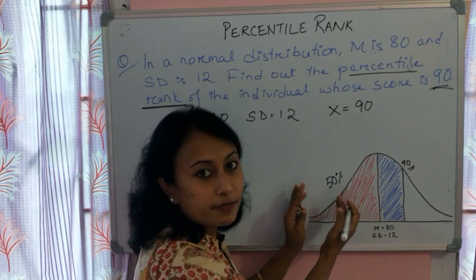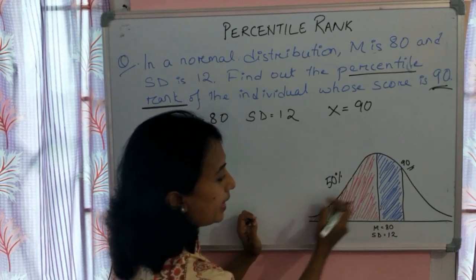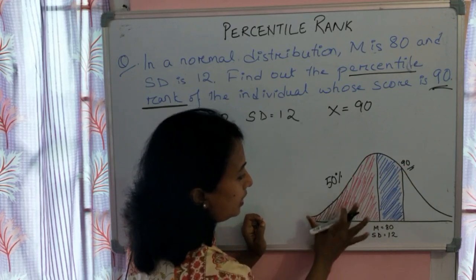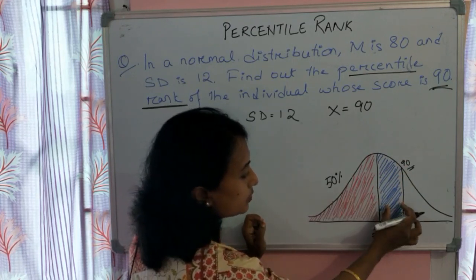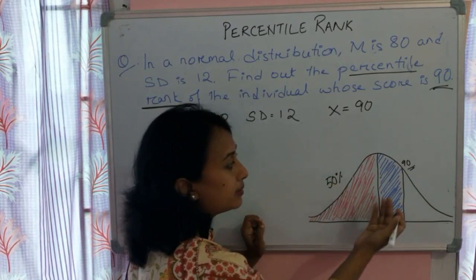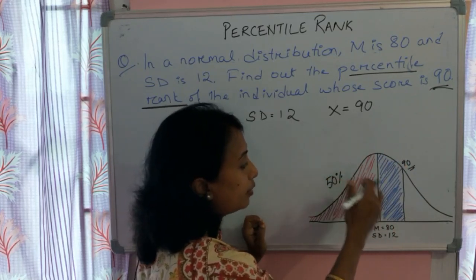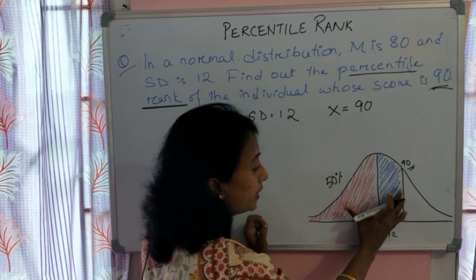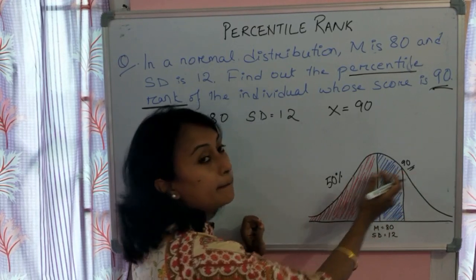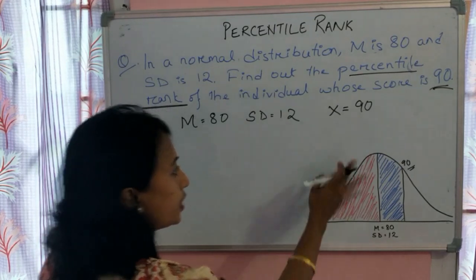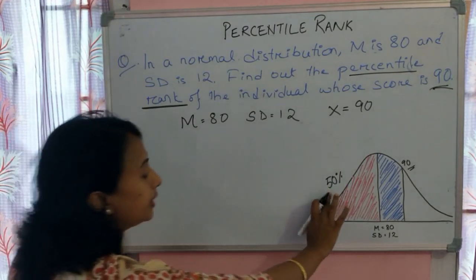Now we just have to find out this other percentage, and then add 50 plus this percentage. That way we can find out the percentage of cases falling below 90. So let's start. 50% we already have. We do not need to calculate anything.